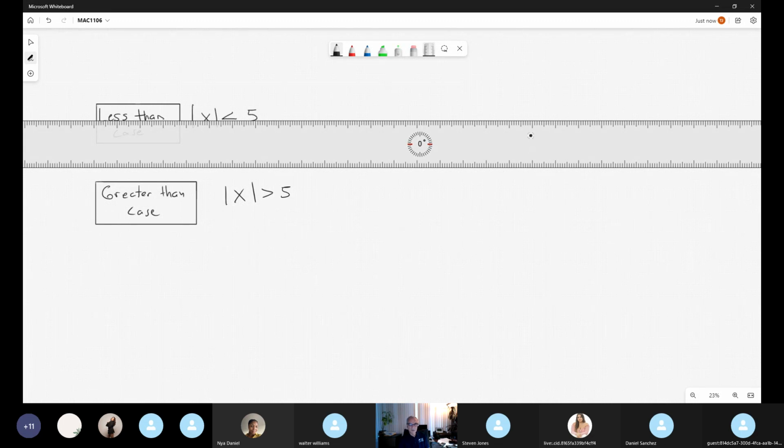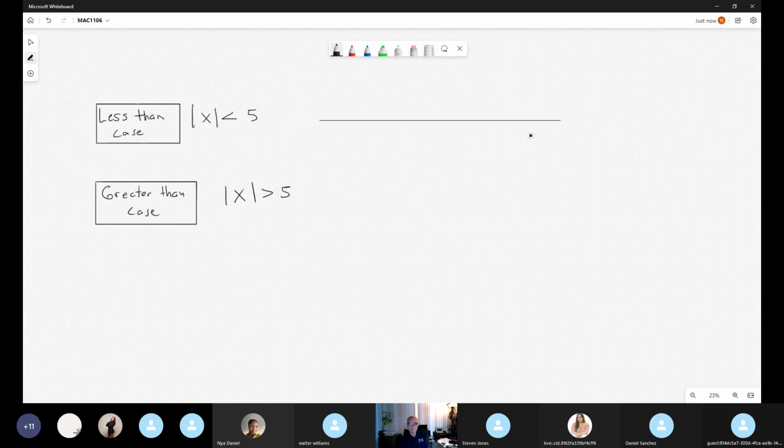This is my famous real number line. This is infinity positive, this is infinity negative, 0 in the middle. And we have 1, 2, 3, 4, 5, negative 1, negative 2, negative 3, negative 4, and negative 5.